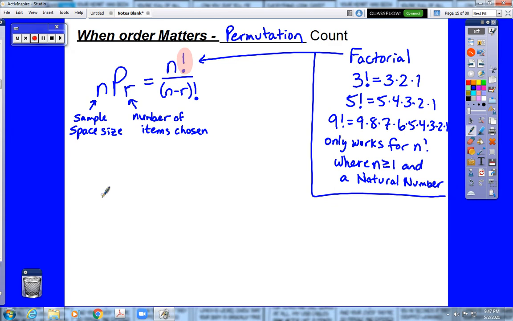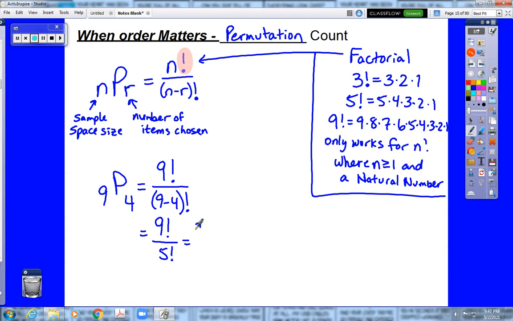Let's say we wanted to do 9 permute 4. Your calculator can do this for you, but here's the math behind what's happening. So that would be 9 factorial over 9 minus 4 factorial, which would be 9 factorial over 5 factorial, which is 9 times 8 times 7 times 6 times 5 times 4 times 3 times 2 times 1, divided by 5 times 4 times 3 times 2 times 1.